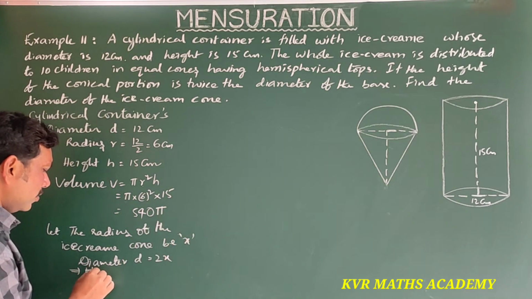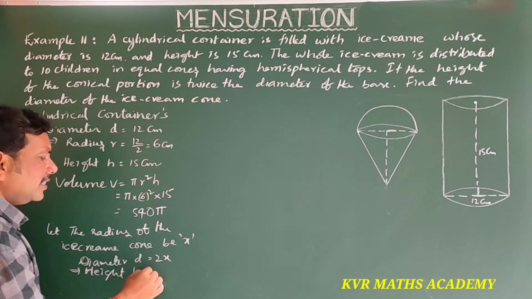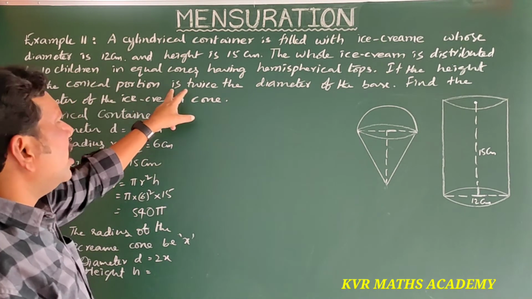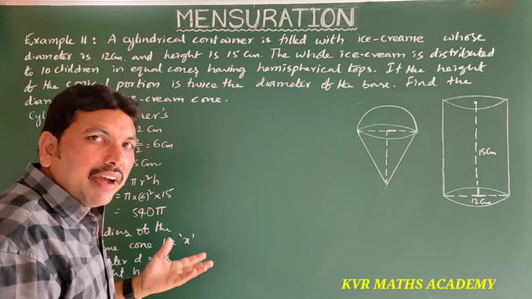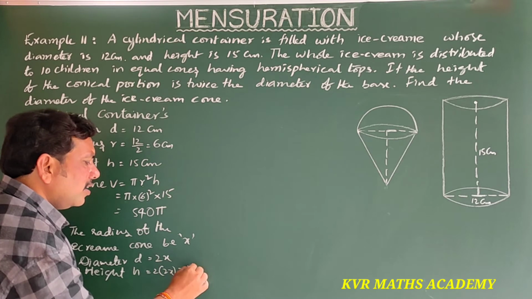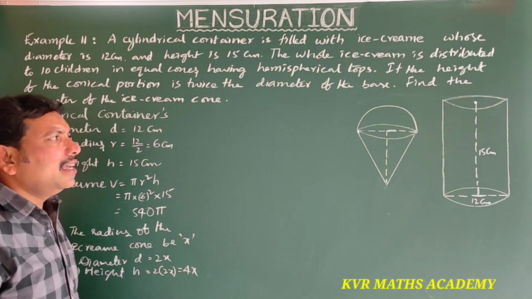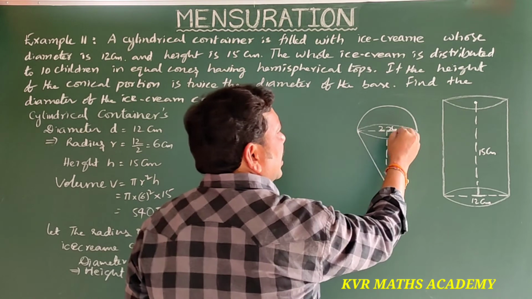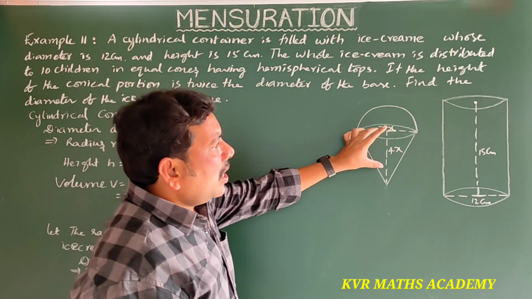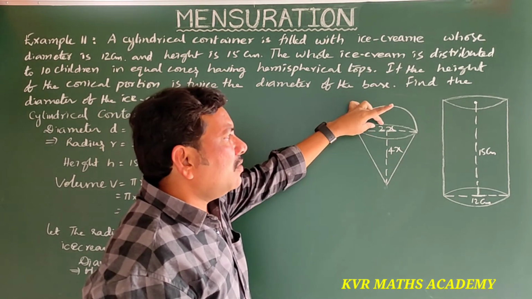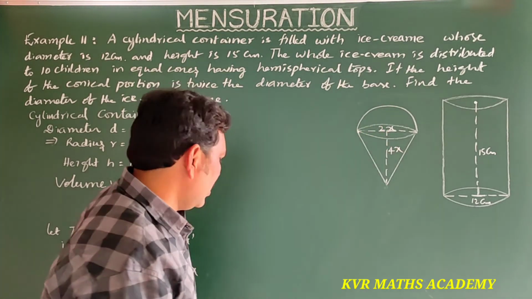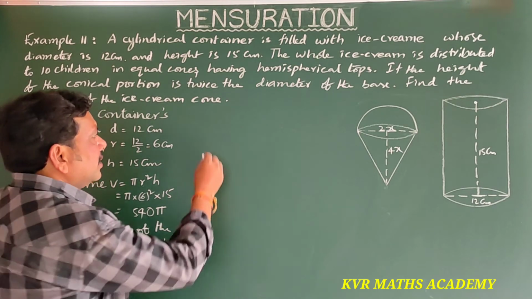Its height is given as twice the diameter. Twice the diameter means 2 into 2x, which is 4x. Suppose the diameter is 2x, then its height will be exactly 4x, because the height of the conical portion is twice the diameter. So height is equal to 4x.